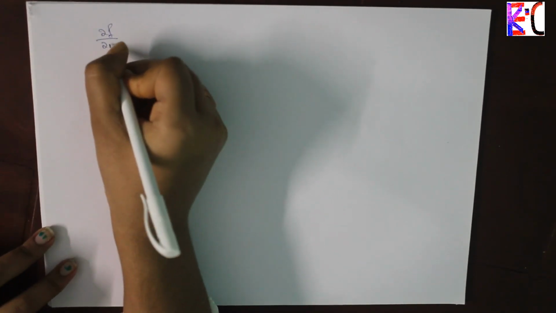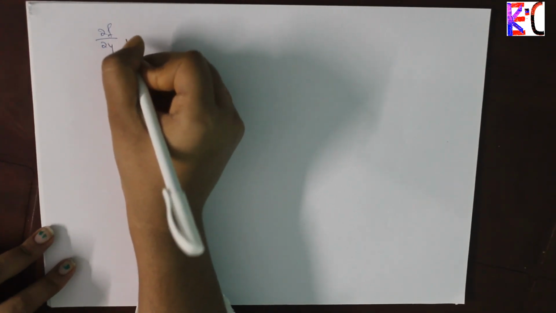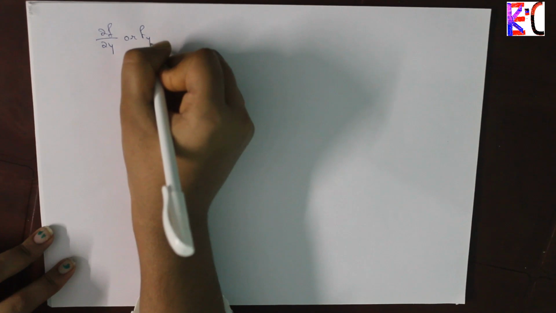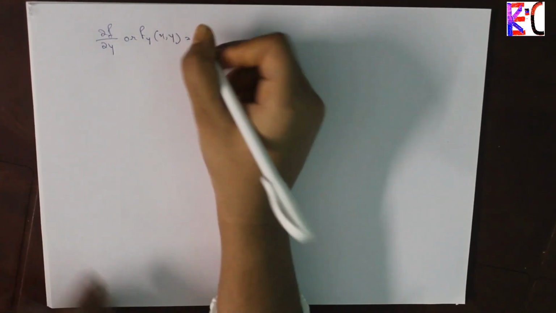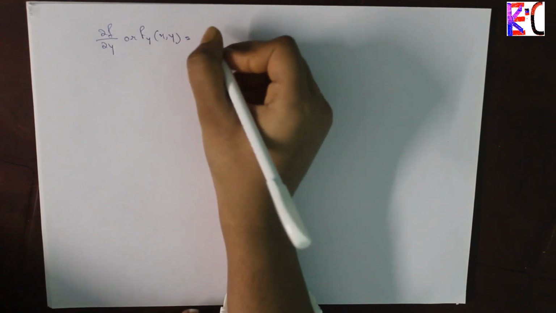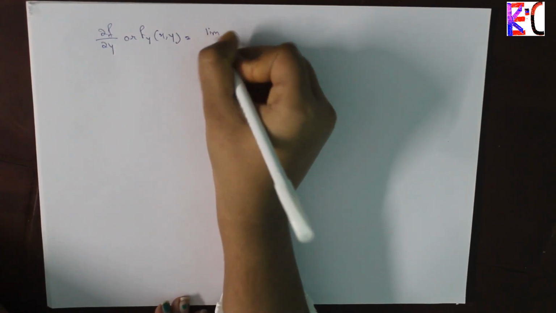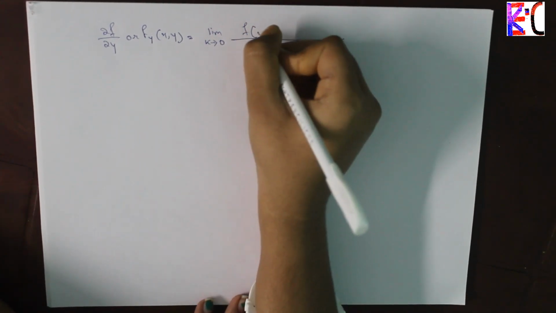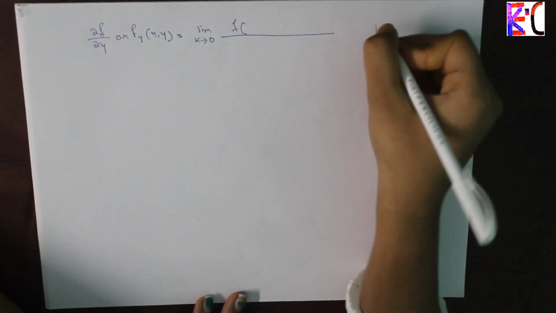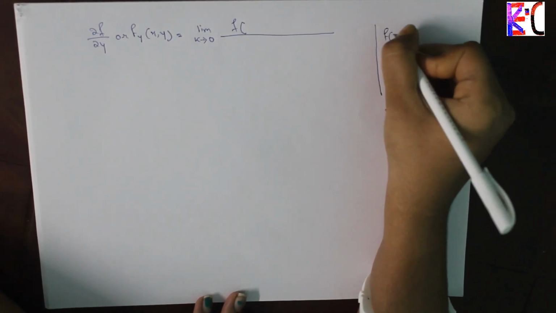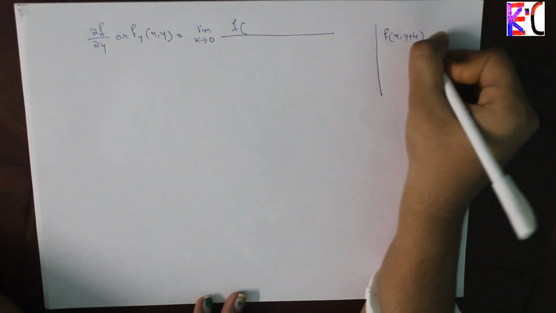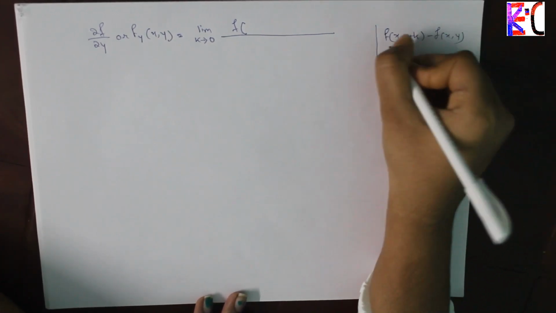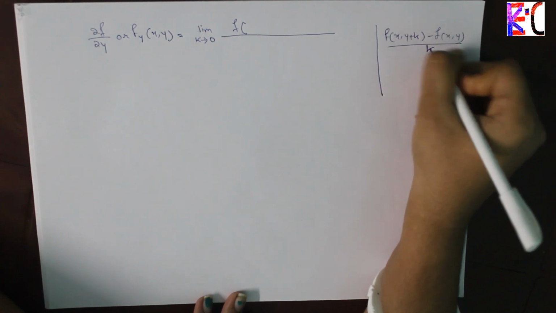Now del f del y. Del f del y, you can write, or f sub y of x, y equal to, as per the formula, the limit k tends to 0 of f of x comma y plus k minus f of x, y, by k.